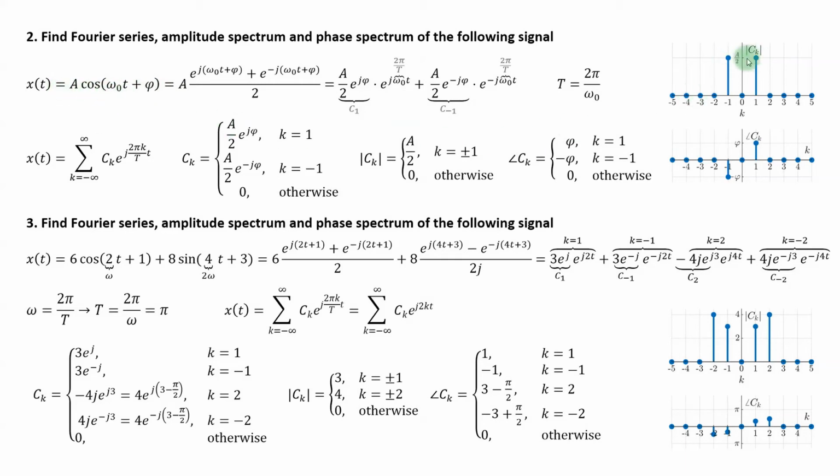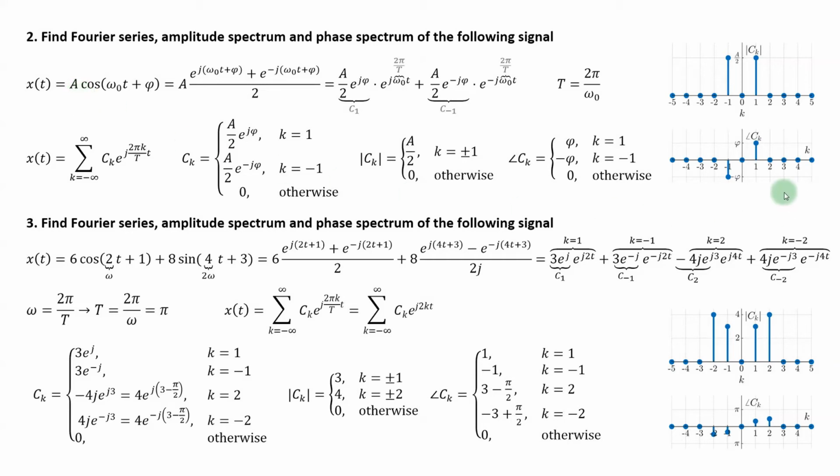And the height of these two lines, this A over 2, corresponds to the magnitude of the complex amplitude of these two complex exponentials. So 2 times the height of these two lines will give us the amplitude of this cosine. Or I can also say that when I add this value and this value, I will get A, which is the amplitude of this cosine.